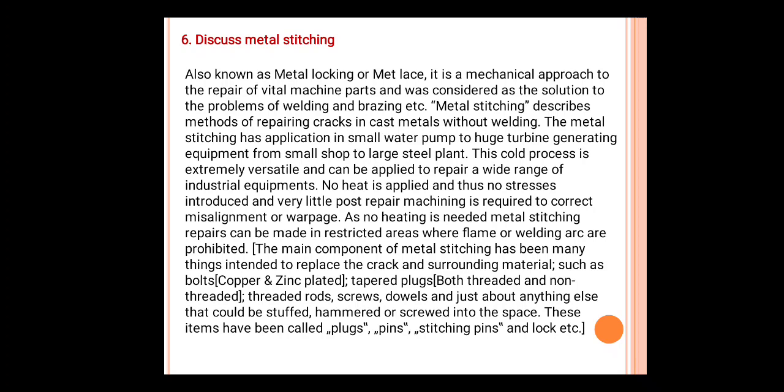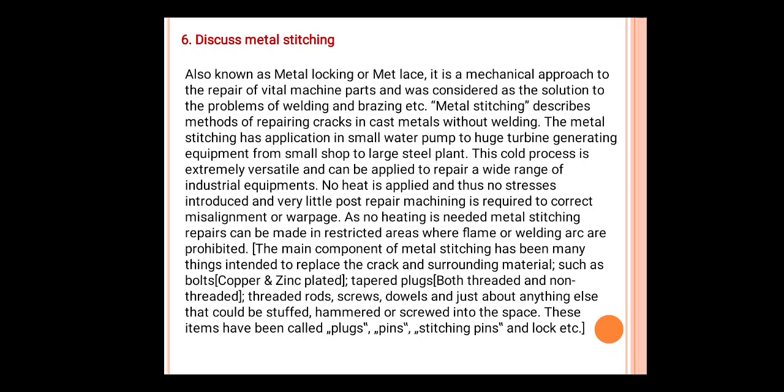It is a mechanical approach to the repair of vital machine parts and was considered as the solution to the problems of welding and brazing, etc. So metal stitching describes methods of repairing cracks. Whatever cracks we have because of continuous work, and if the load increases during working time, cracks may happen on the machinery. At that time this type of repair can be carried out to avoid those cracks.